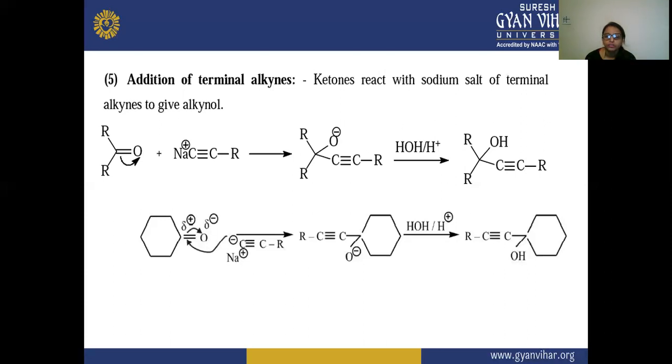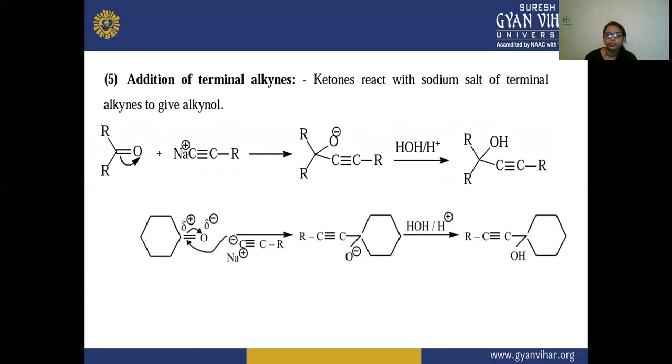After that it is hydrolyzed, and there is a formation of this alkynyl. This alkynyl is formed from this ketone molecule, which is reacting with the sodium salt of your terminal alkyne.